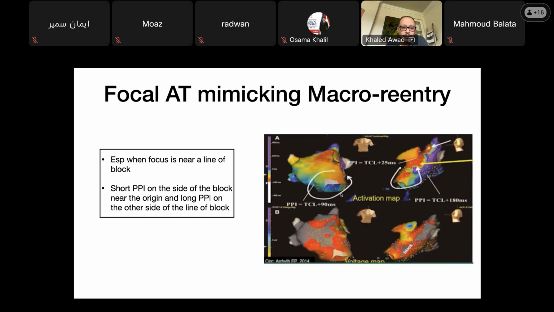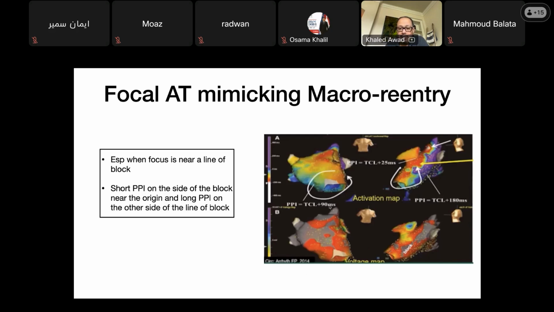The clue is if you try to overdrive pace, you're going to find that post-pacing interval to be very long if you are pacing on the side of the line where the site of origin is. Whereas if you paced from here, the post-pacing interval would be very long.